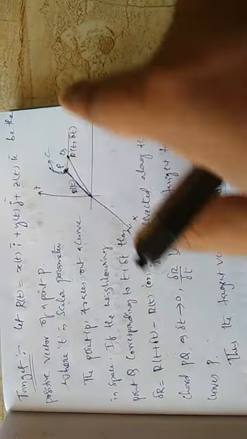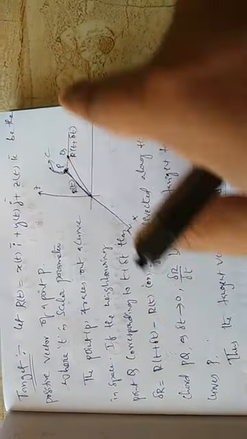Here the line PQ seems to be like a line. As delta t tends to 0, the deviation we have is del r. Now del r is the deviation of the position vector. Now as delta t tends to 0, r of t plus delta t coincides with r of t.